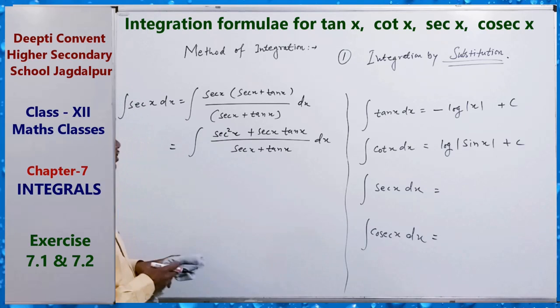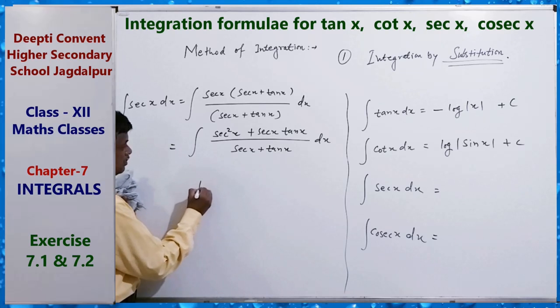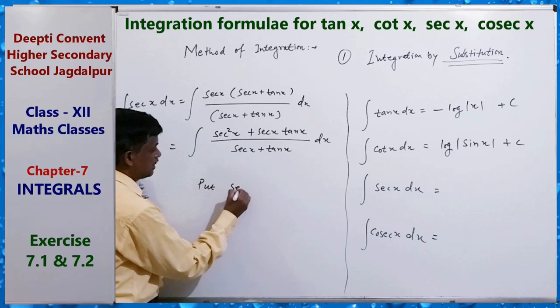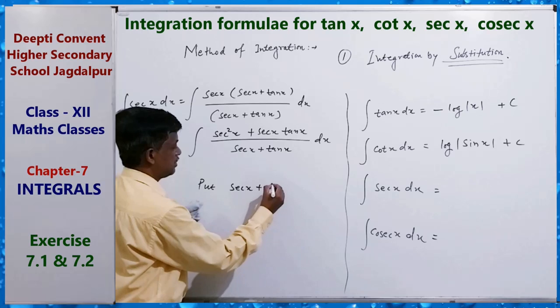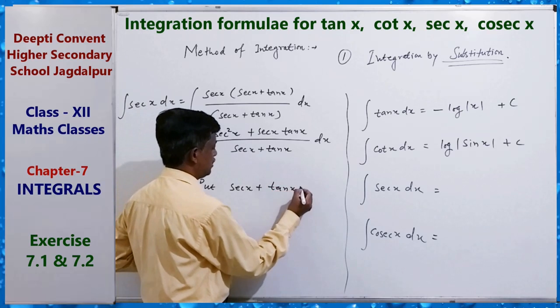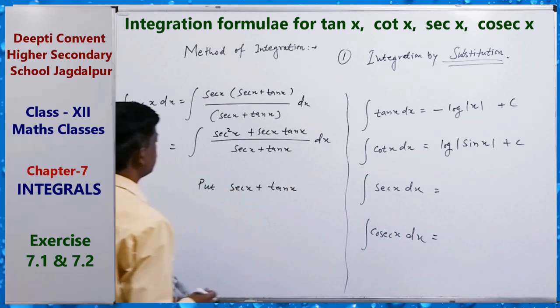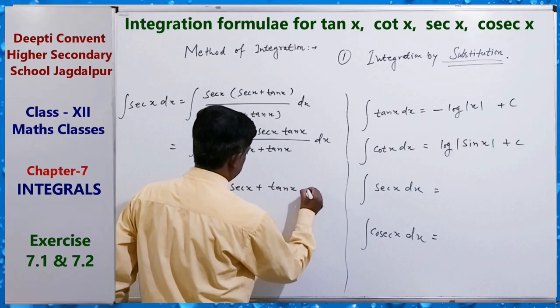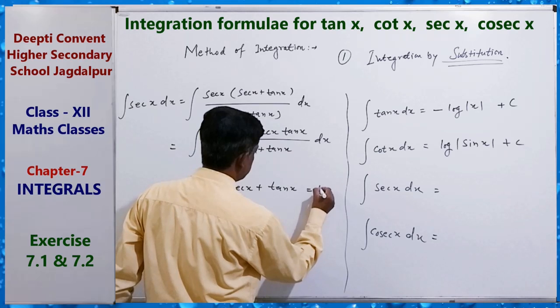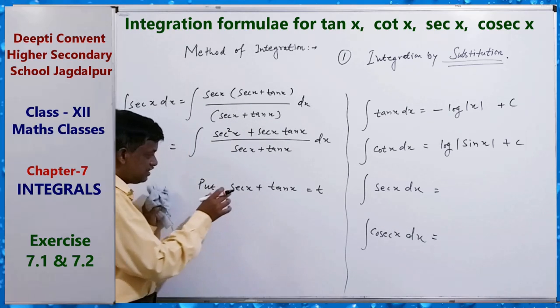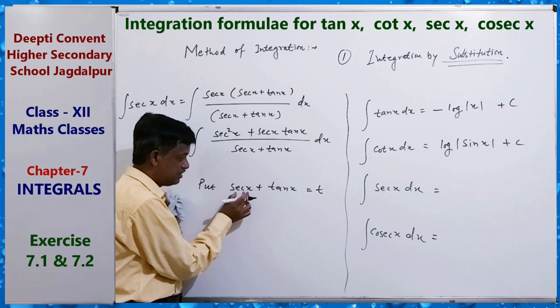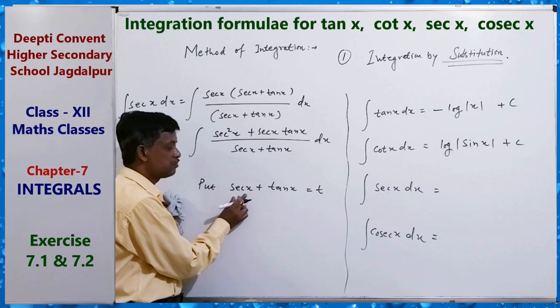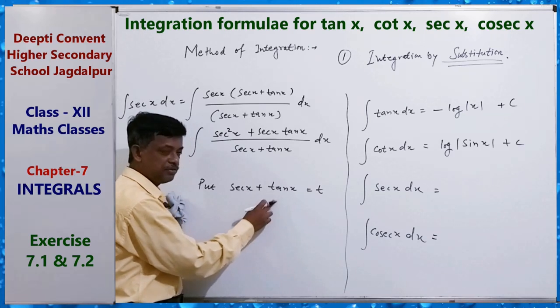If we put sec x plus tan x equals to t, its derivative, we know its derivative, what? Sec x tan x. Its derivative, what?